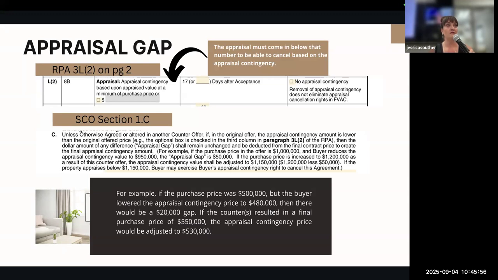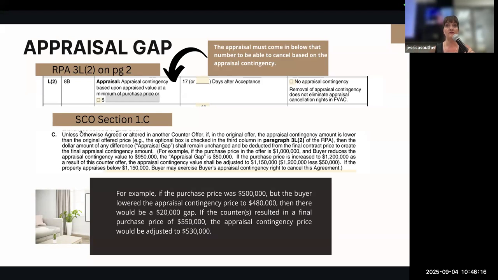So you're going to put your purchase price, what your buyer wants to offer, $405,000, on page 1, on the purchase price amount. That is your offer, we're going to pay $405,000.